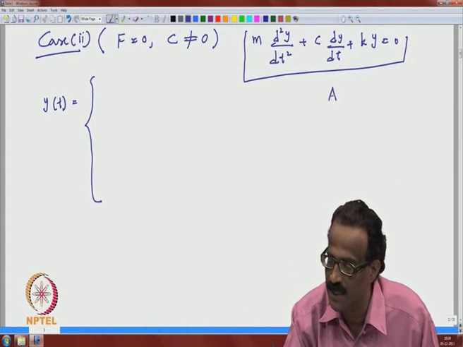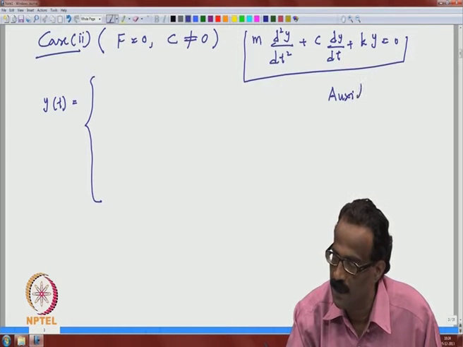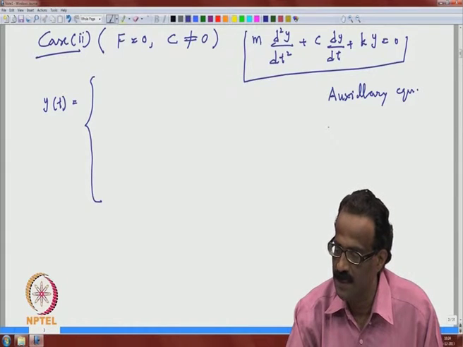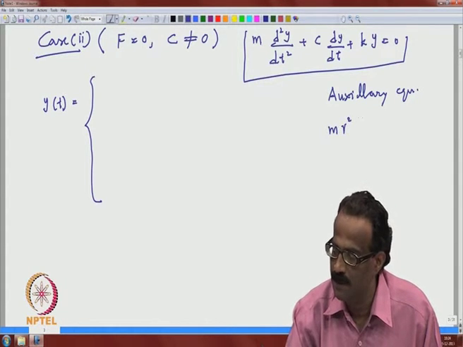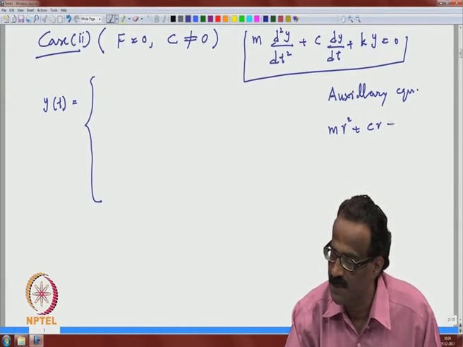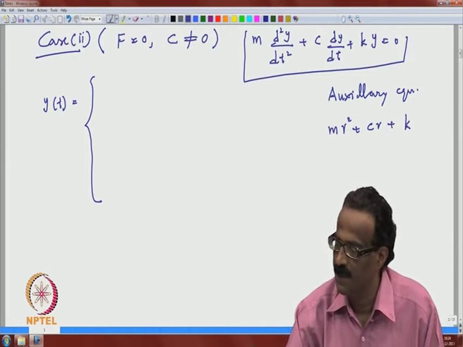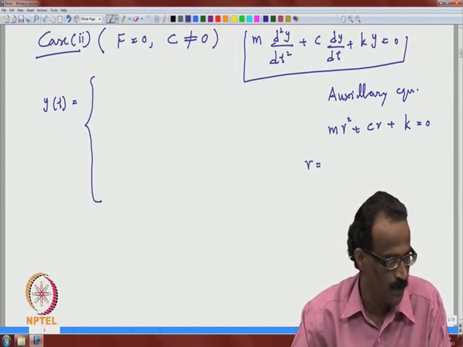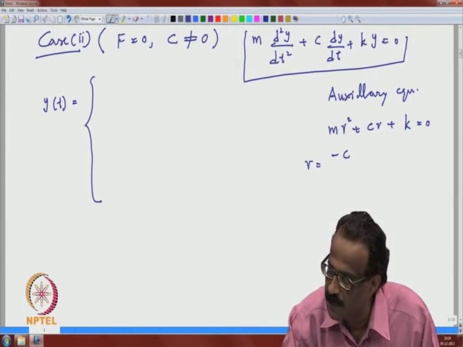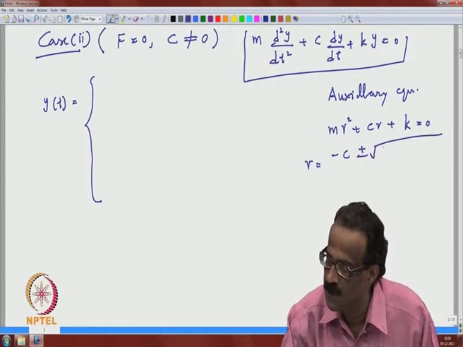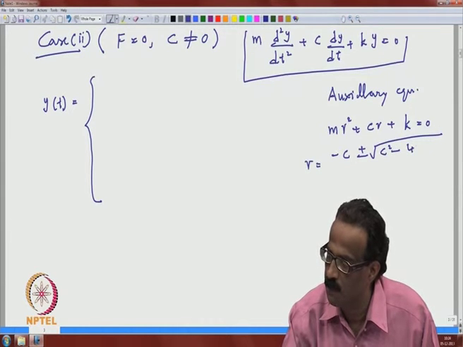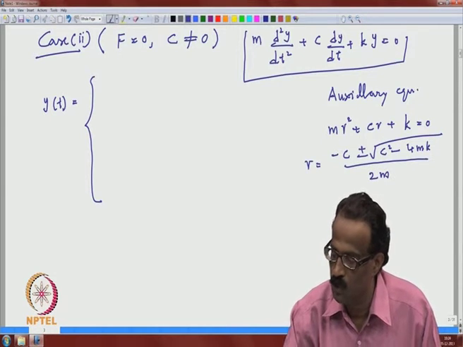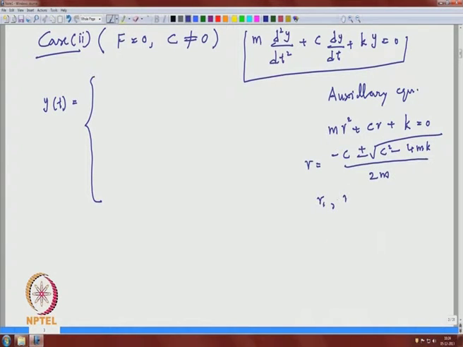The auxiliary equation is m r square plus c r plus k equal to 0, and you have the solution r equal to minus c plus or minus square root of c square minus 4mk, divided by 2m. So, you have two roots r1 and r2.